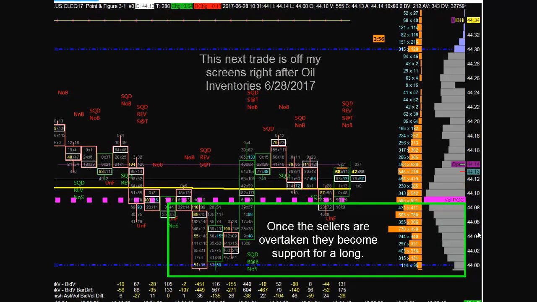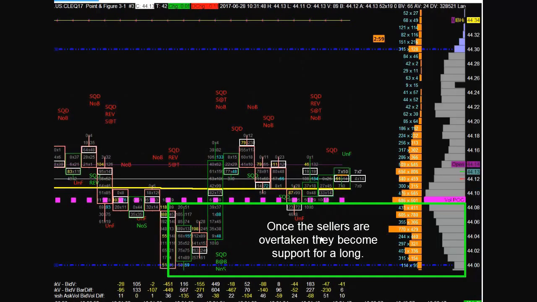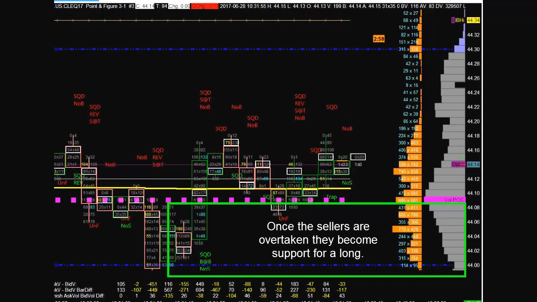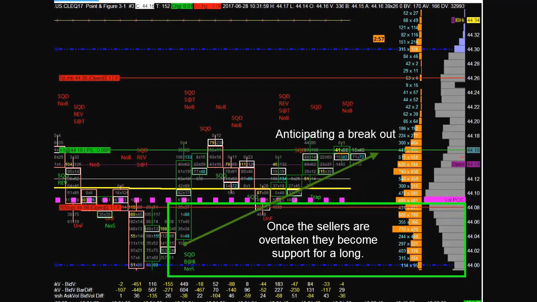Okay, here we're looking for, once again, sellers are overtaken and they become support for long. So we're looking for the initial direction, as we're seeing here, the lift up, and we're now anticipating a breakout.